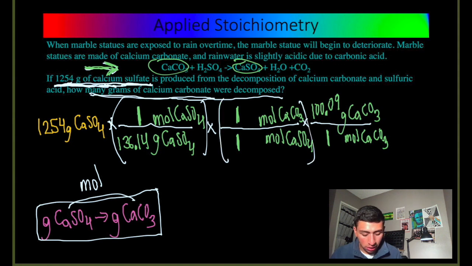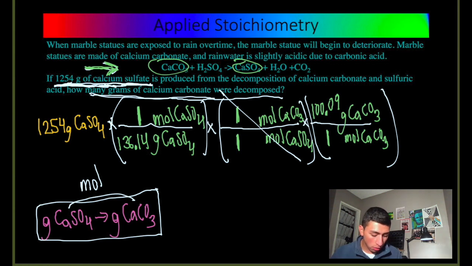So now I'll put parentheses on here to make it more clear. And you can really just ignore this one here because it's just 1/1. What I tend to do is always just ignore these ones. And so when I'm plugging this into my calculator, what I'll do is 1,254 divided by 136.14.